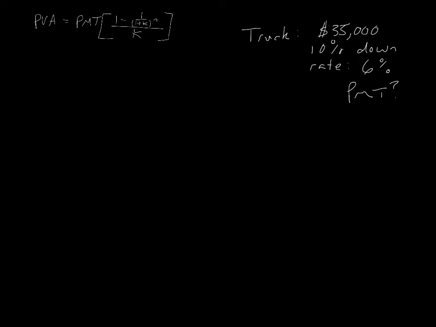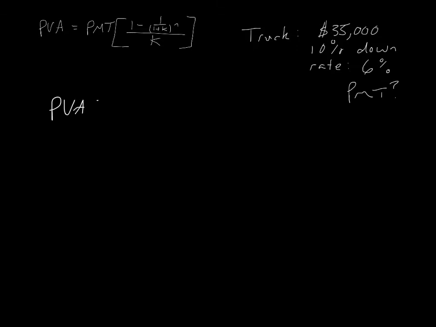So let's try to solve for payment using our present value of an annuity equation. Okay. So let's say we have the 35,000. We know we need 10% down, so that's 3,500. So we put 10% down, which means we're left with a loan, or a present value, of 31,500.